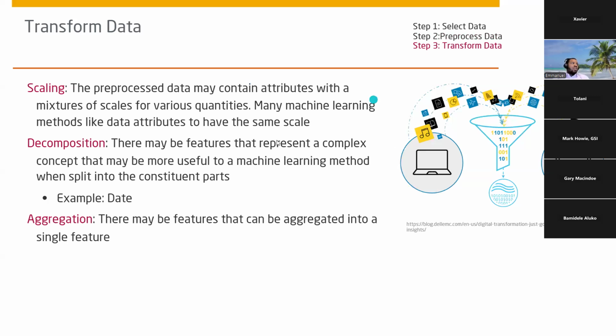And then transforming data. I quickly made a reference to scaling the other time. Scaling is quite useful because, let me give an example, let's assume you have a numerical data set that has 1,000 and the same column has maybe five or six.